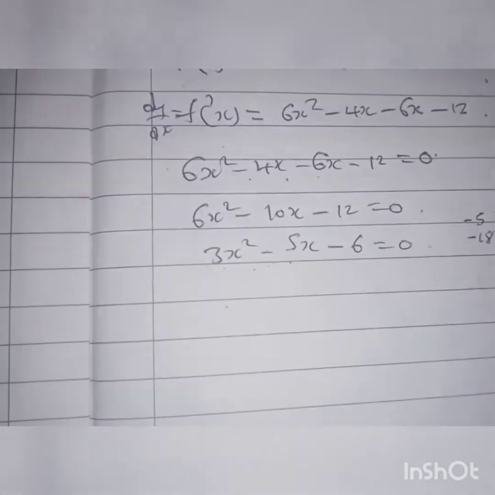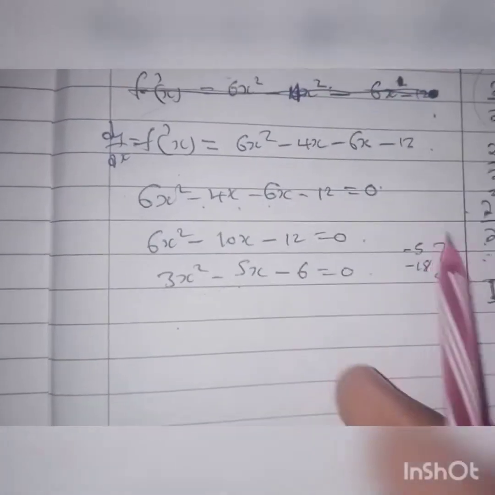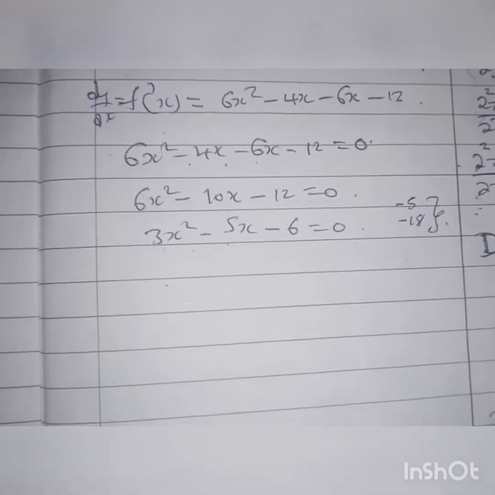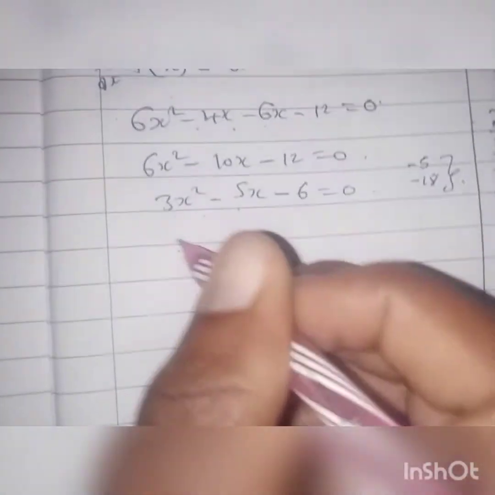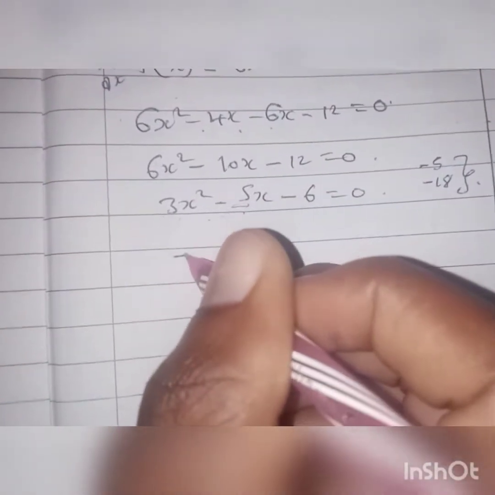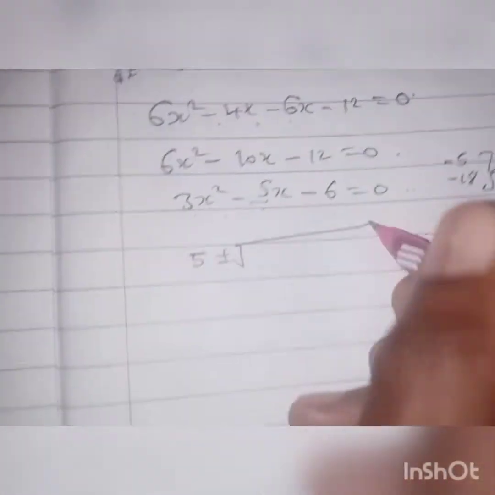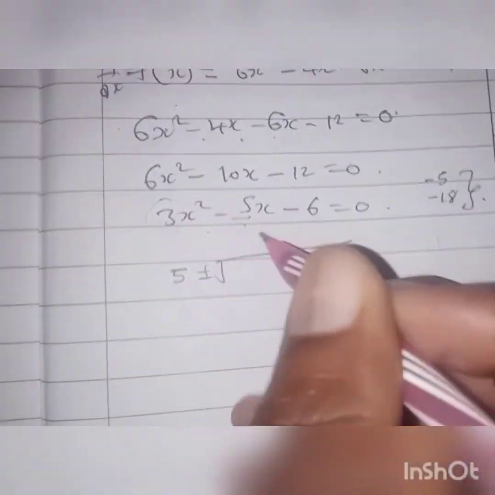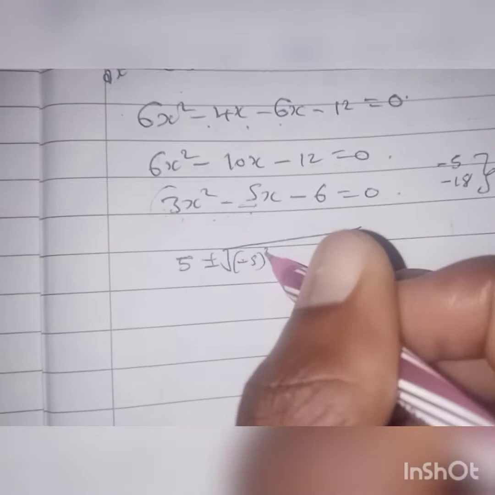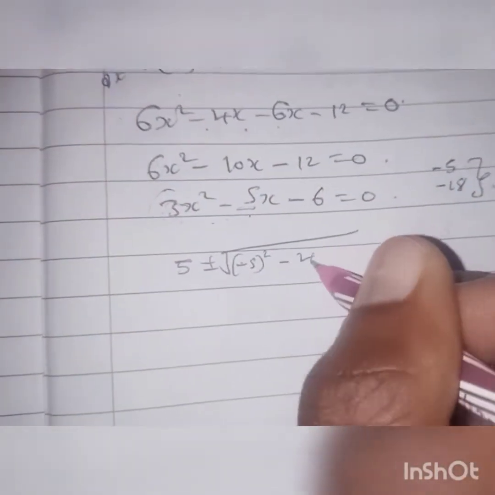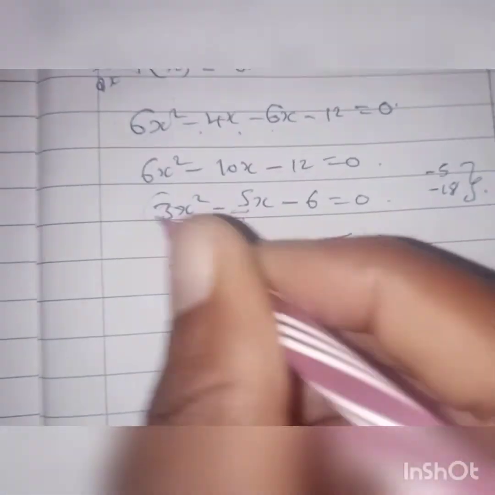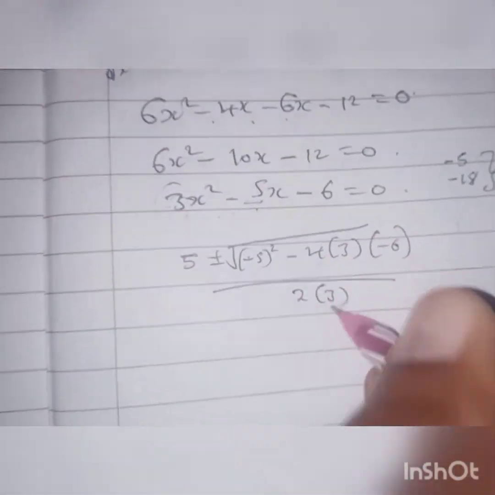We can see that there is no such number. Now we can use the quadratic formula. It's minus b, which is 5, plus or minus the square root of b squared, which is minus 5 squared, minus 4ac, all over 2a, which is 2 times 3.